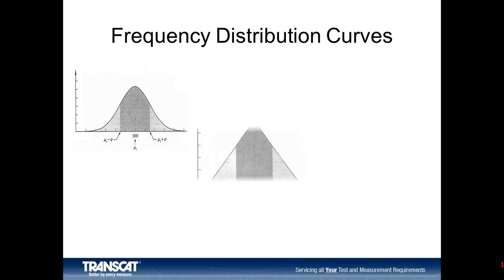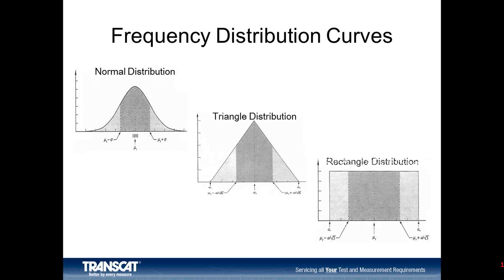But there are different distribution types, and this ISO guide lists 3 of them. Of course, normal distribution. It also lists triangle distribution and then rectangle distribution. I'm not aware of any specific cases that necessarily use triangle distribution, but there are several common cases where rectangle distribution is appropriate or commonly applied.